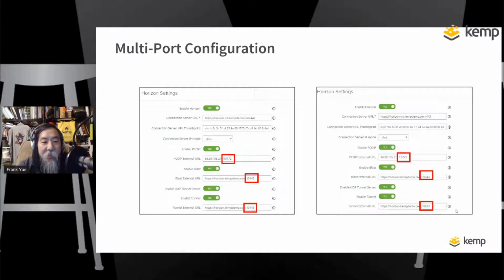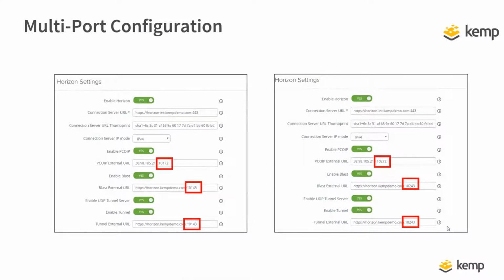So you can see that the PCoIP, the Blast, and the tunnel port numbers on the .90 server are 10172, 10143, 10143. But then on the right-hand side, which is the .91 UAG server, 10272, 10243. So that they are now unique and they're different.